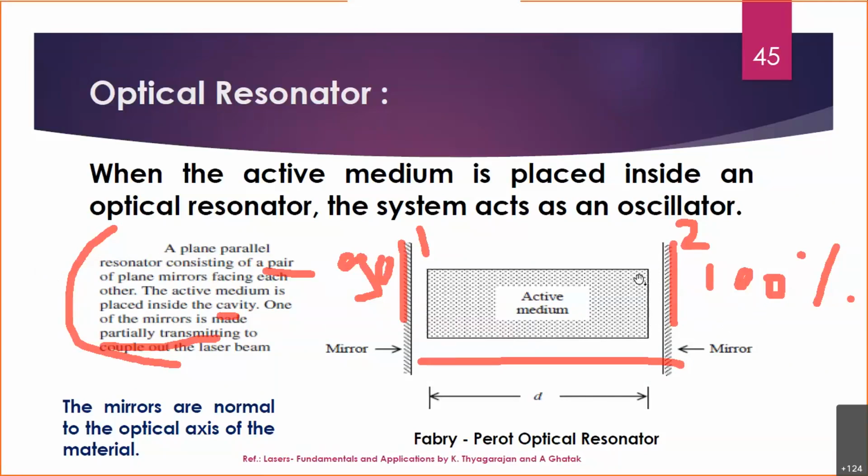So that is why one mirror we are keeping at around 90 to 95% reflecting, and the other one has to be at perfectly 100%. And again, theoretically we are saying 100%, but you know that nothing can be 100% perfect, right? So theoretically I am saying one is 100% reflecting, the other one is around 90 to 95% reflecting.